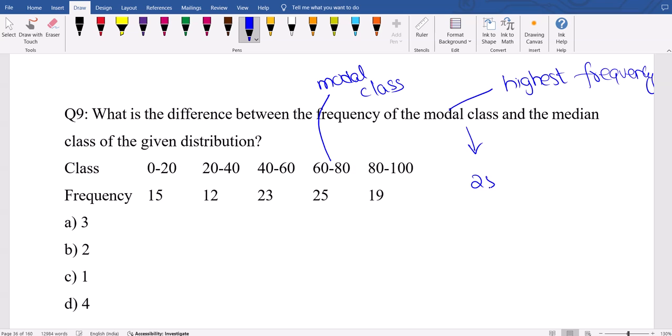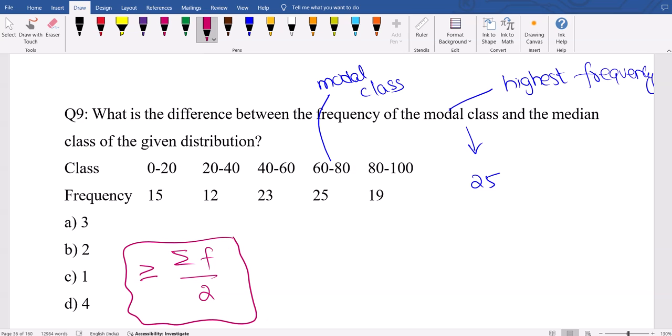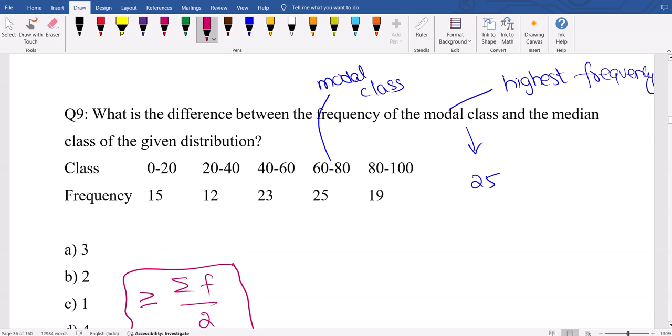Next, median class. How can you get median class? Listen, take sum of all frequencies, divide by 2, greater than or equal to that, close to that frequency. Cumulative frequency that we need to select. Let's say this one more entry here, cumulative frequency. This is 15.